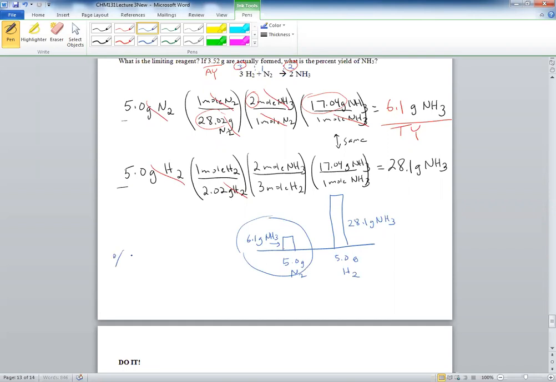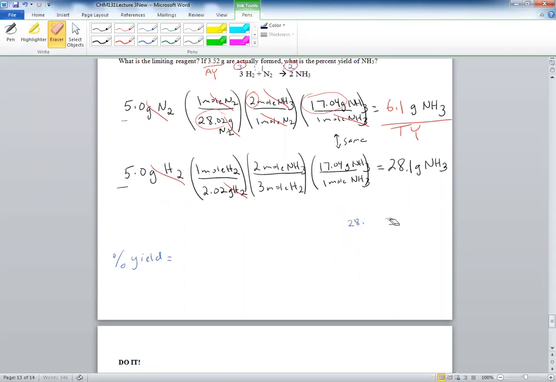Now, to do the percent yield, what we would have to do is simply take the actual yield, which is given to us in the problem. Let me just erase this here really quick. So that would be the actual yield divided by the theoretical yield times 100.